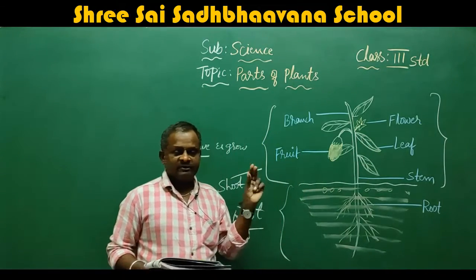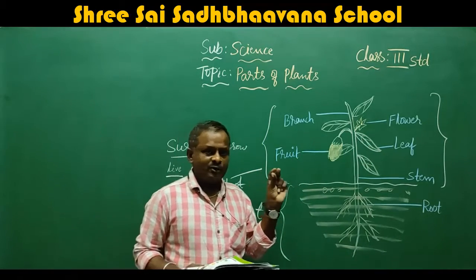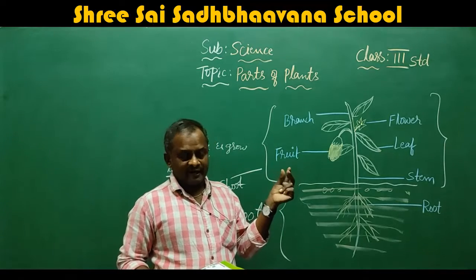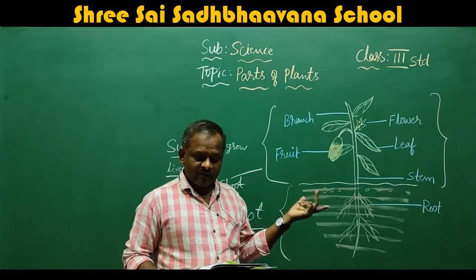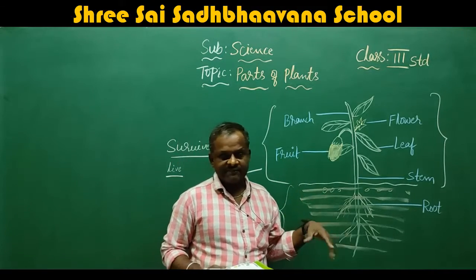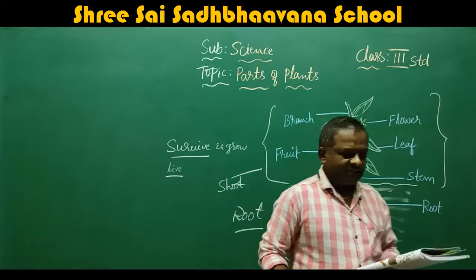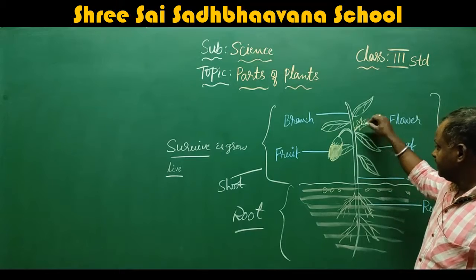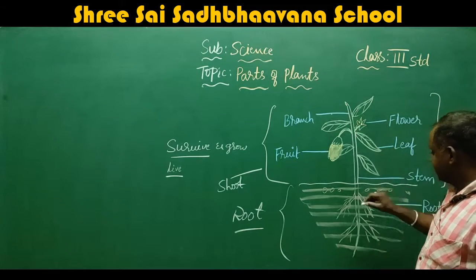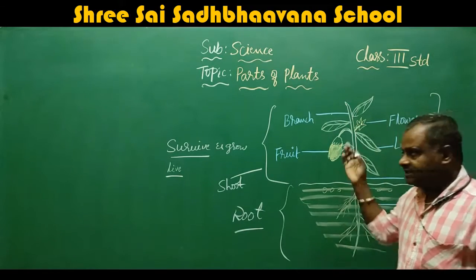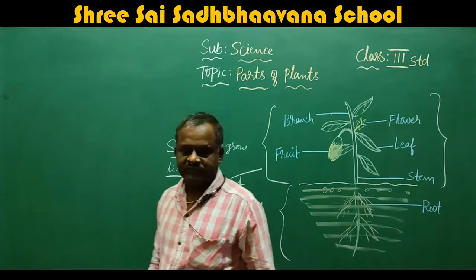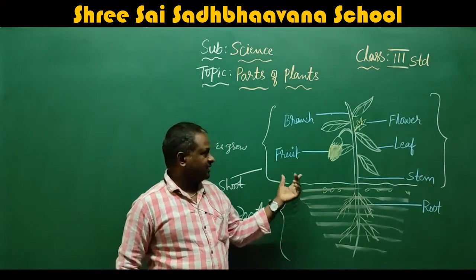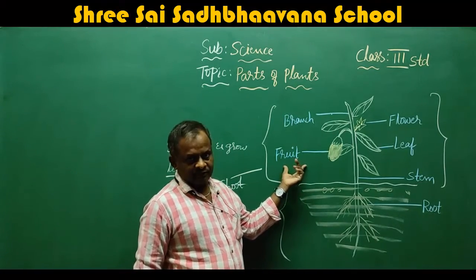A flower that has not yet bloomed is called a bud. Next, flowers and fruits. Here they have given fruit, flower, leaf, branch as well as the stem. These are the parts included in the shoot system.